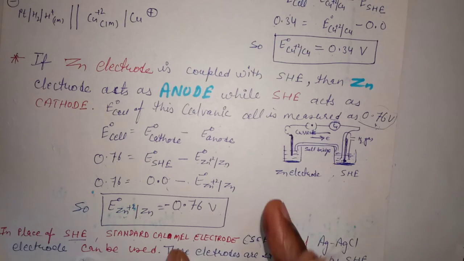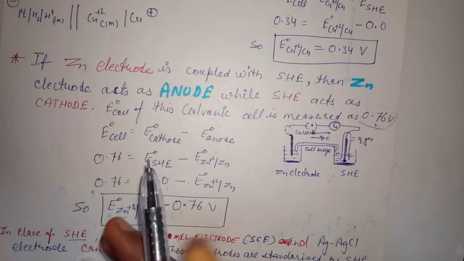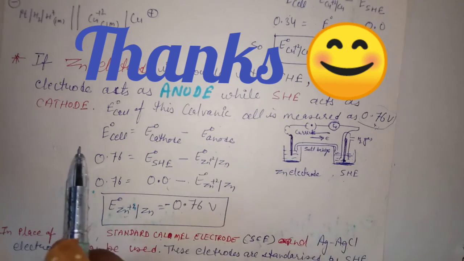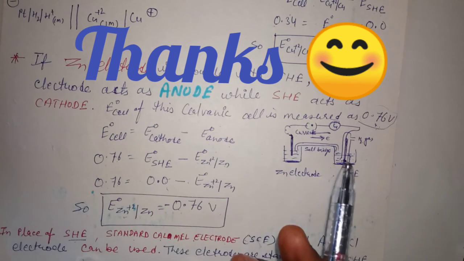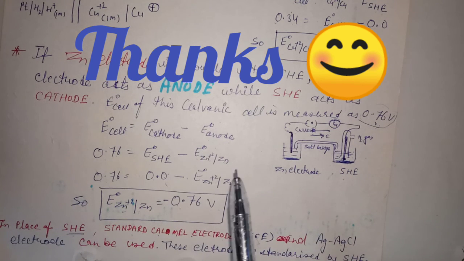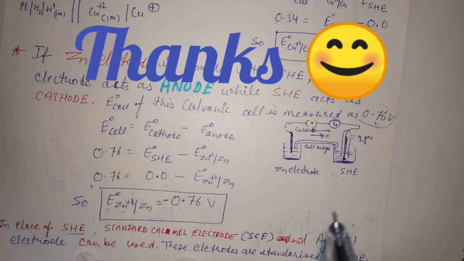Generally we always take reduction potential. If we are given the oxidation potential of any electrode, we have to change it into reduction potential by changing its sign. Thus this is the measurement or determination of the electrode potential. In the next video we will discuss the electrochemical series and the measurement of the E cell of any electrochemical cell. Thank you.